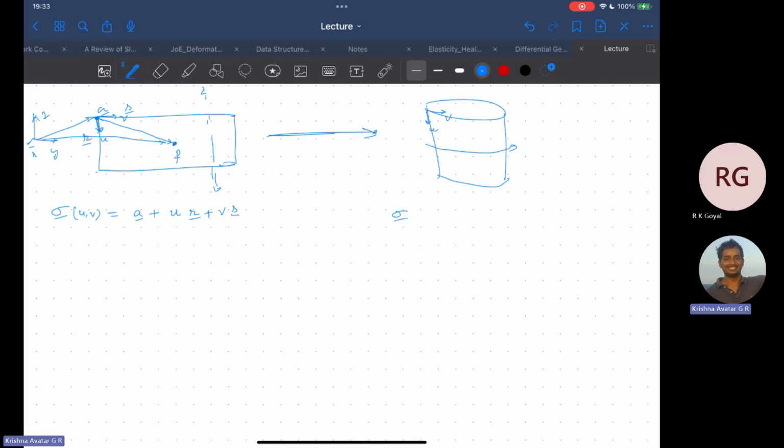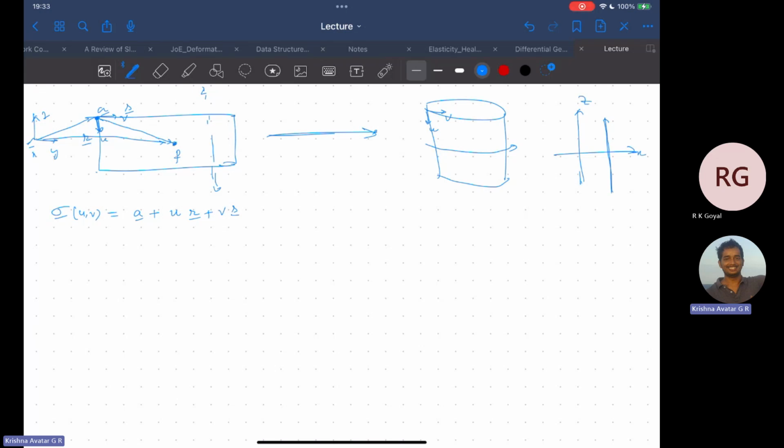Or maybe I don't know what would be easier. Let's consider it a surface of revolution. So it will be some straight line, right? This is some straight line, right? So the profile, which is in the x and z frame.